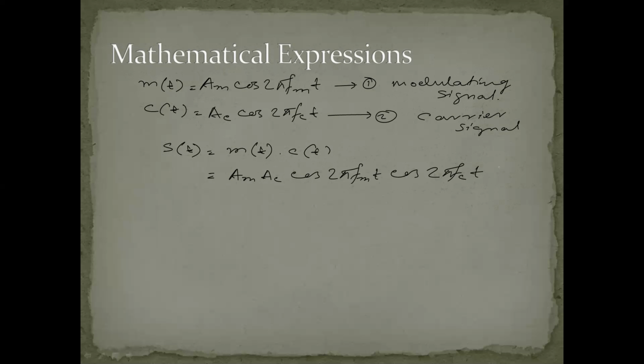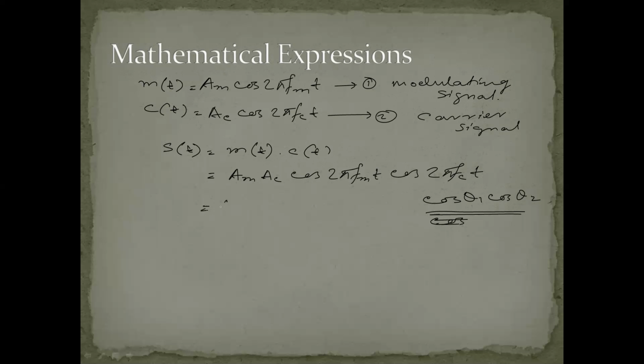Now this equation is of the form cos theta 1 cos theta 2, which equals cos of theta 1 plus theta 2 plus cos of theta 1 minus theta 2, whole by 2.